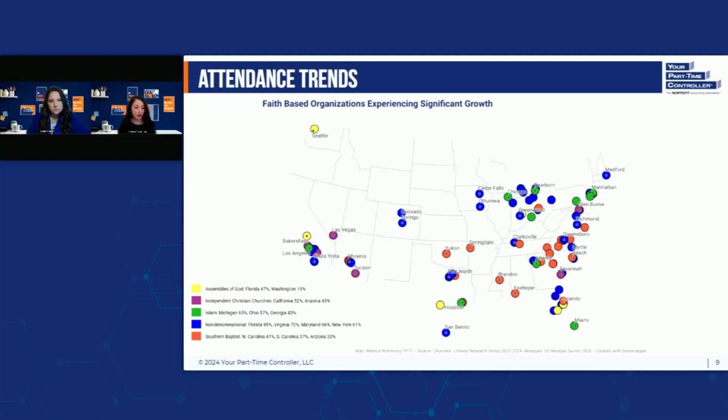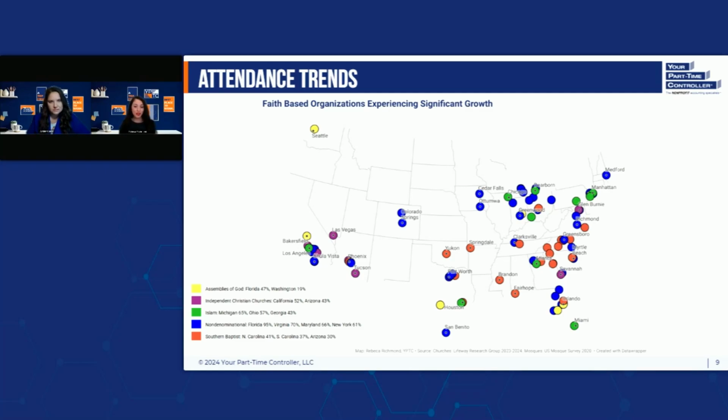After that, the independent Christian churches, which are experiencing up to 52% growth in California and 43% growth in Arizona. Then, last but not least, the Assemblies of God denomination, which are experiencing up to 47% growth in Florida, and an honorable mention of 19% growth in Washington, just to go against the trend, right?